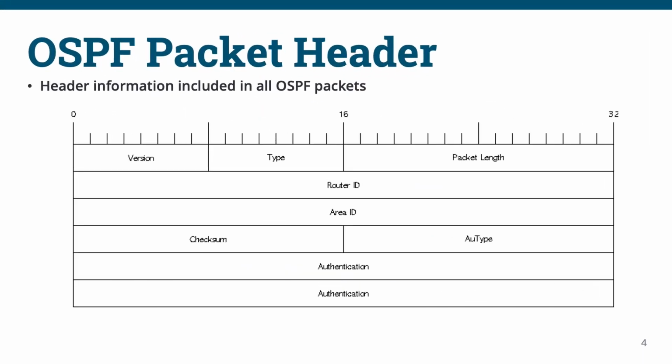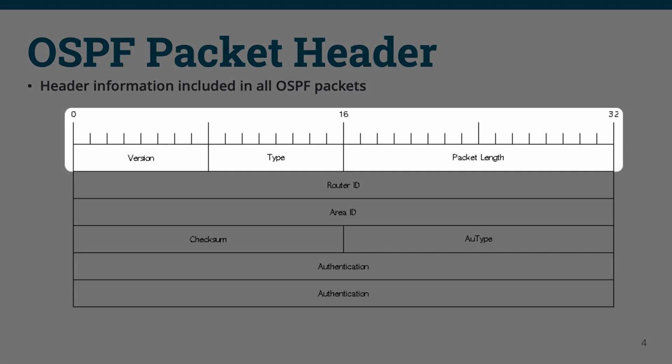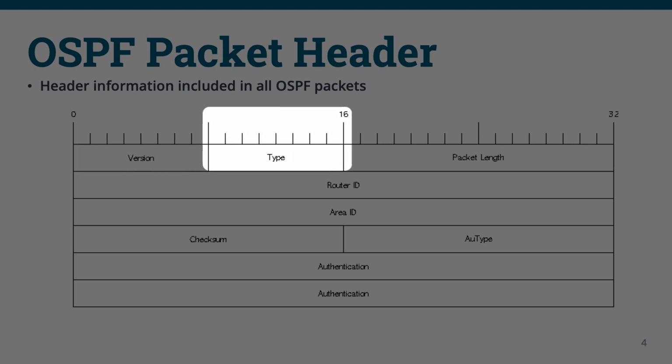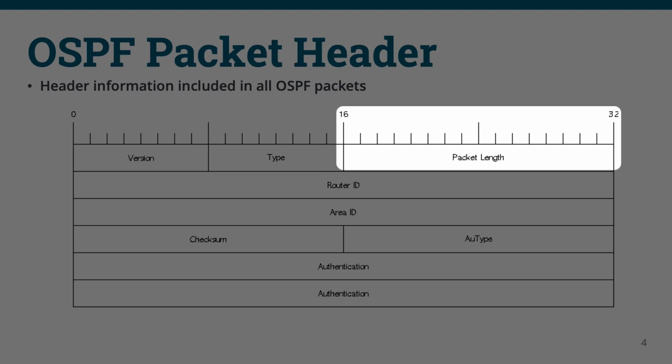Here, we have the OSPF header that's included with all OSPF packets. The first 4 octets include the version, which the common version is version 2 for IPv4, the packet type field, and packet length. The length field is particularly important, considering how an LSU can contain a variable number of LSAs within.